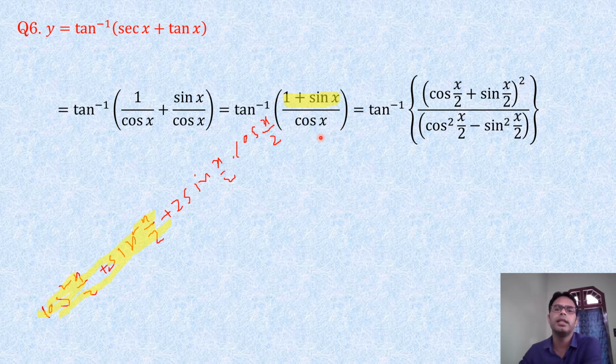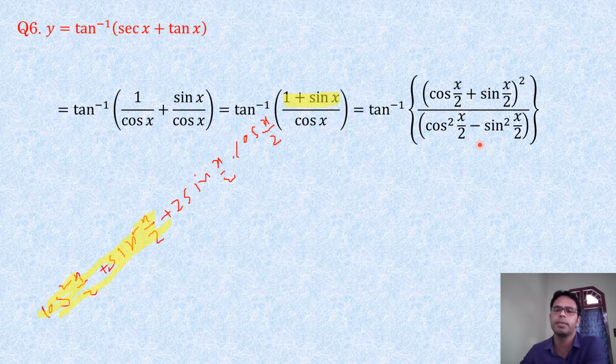Okay, and this is the cos twice x formula. So it is simply cos square x by 2 minus sin square x by 2, considering 2 into x by 2.